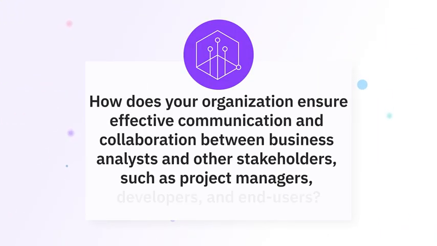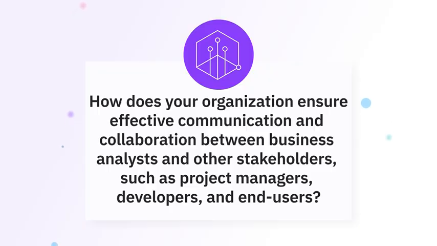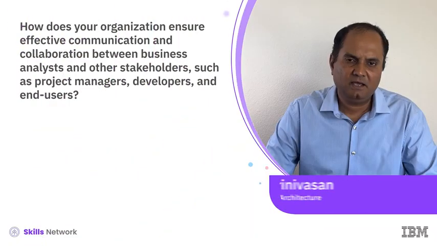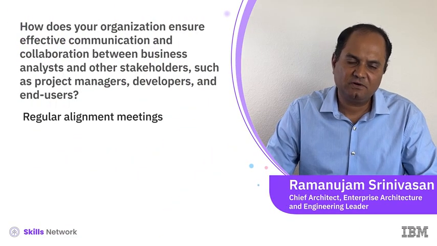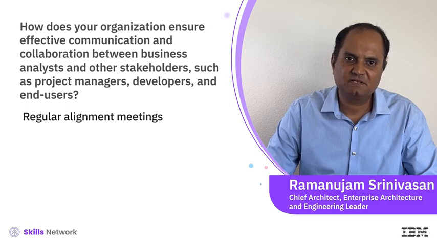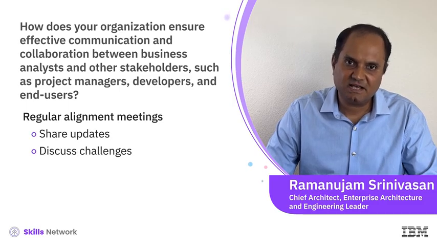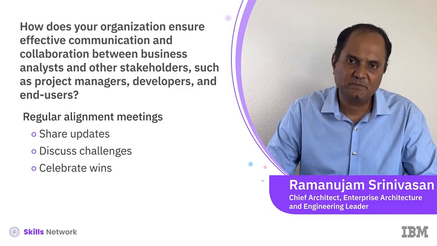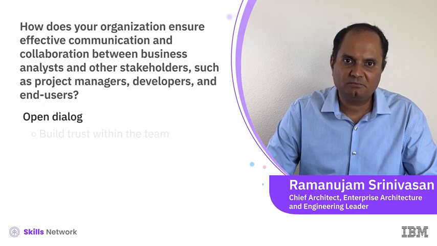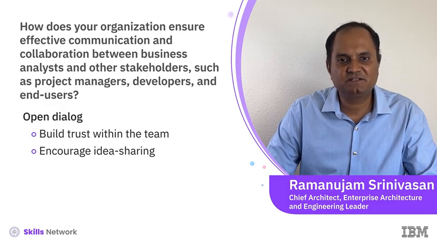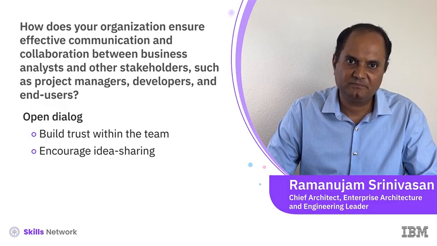How does your organization ensure effective communication and collaboration between business analysts and other stakeholders, such as project managers, developers, and end users? In my organization, we prioritize regular alignment meetings where team members can share updates, discuss challenges, and celebrate our wins together. This open dialogue builds trust within the team and encourages everyone to share their ideas freely.